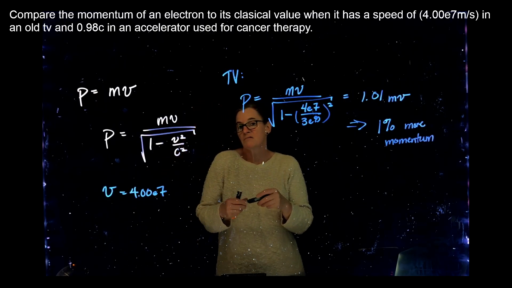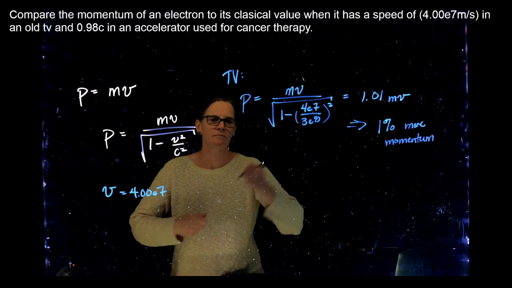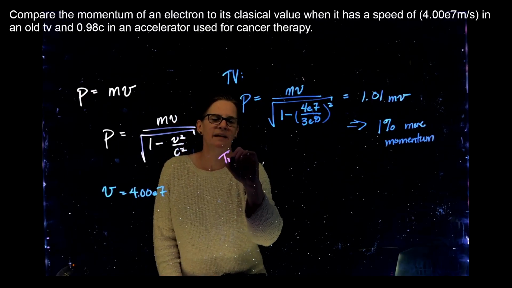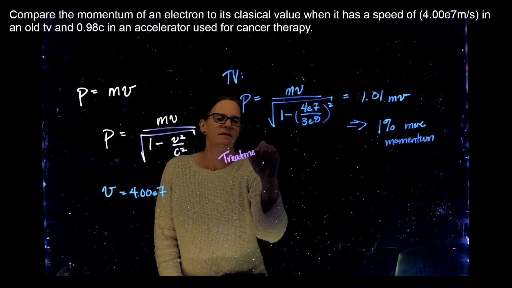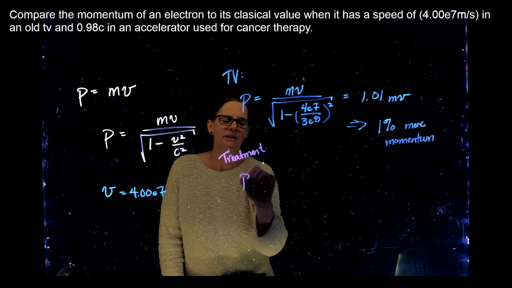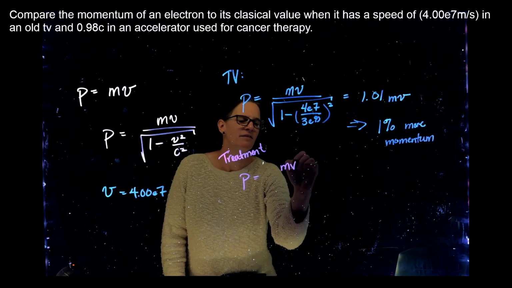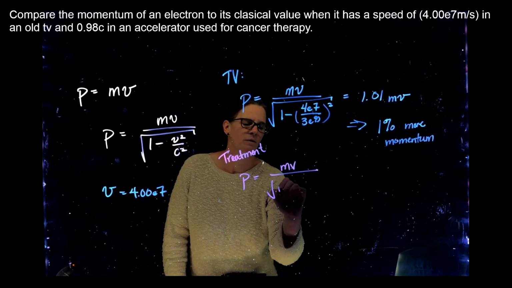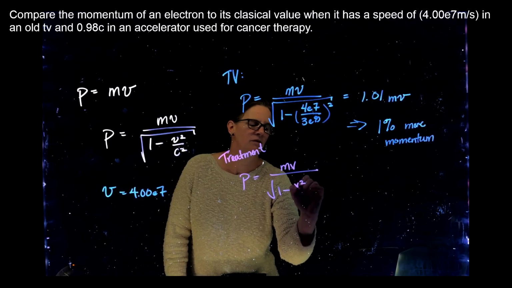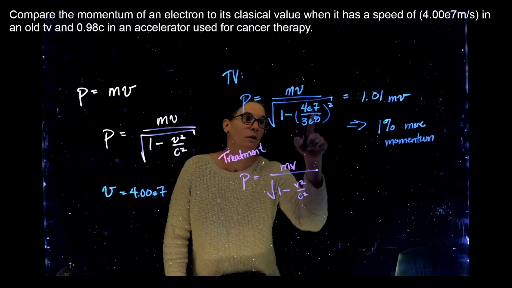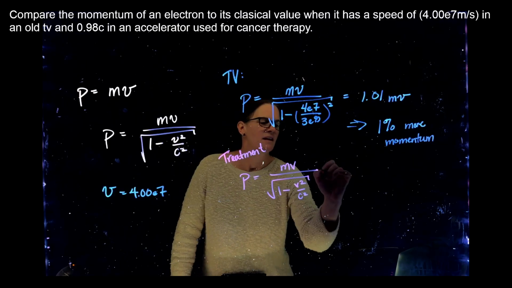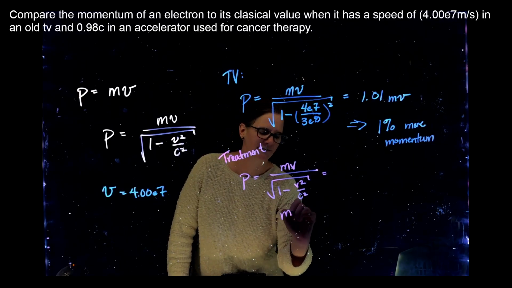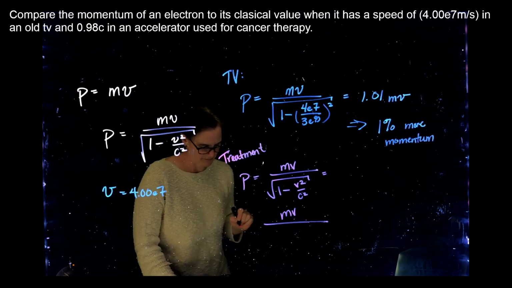What about in our cancer treatment? In the treatment case, the same relationship holds, right? So we have mv over the square root of 1 minus v squared over c squared, the quantity. I guess I didn't write the equation up last time.